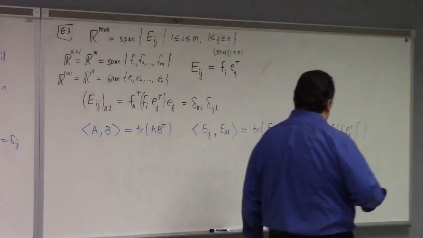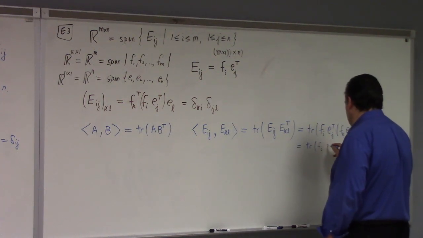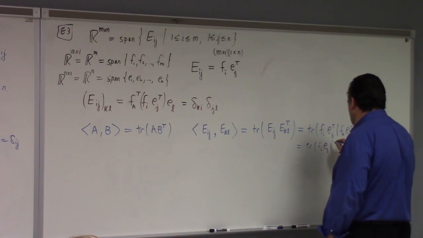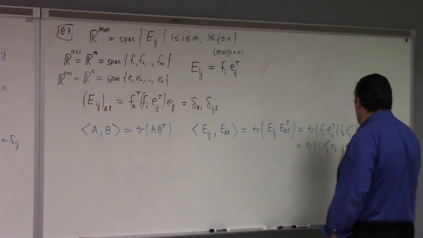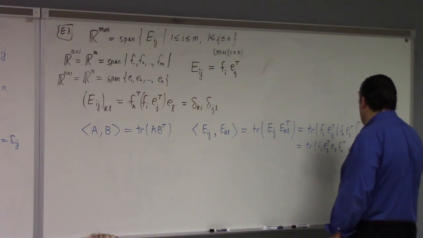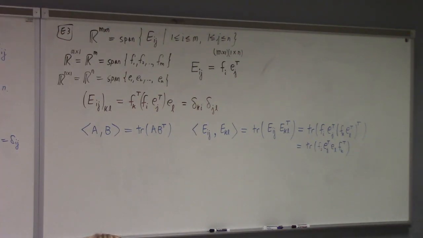We got the trace of F_i, E_j, transpose, and that gives me E_L, right? And then F_K transpose. Transpose is undone. It's gone.